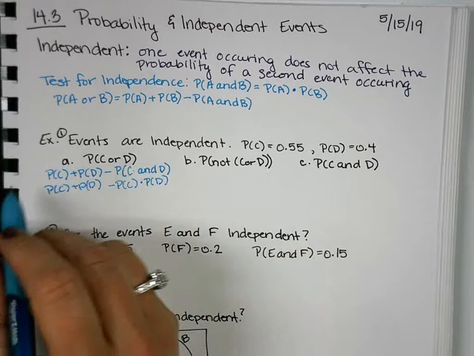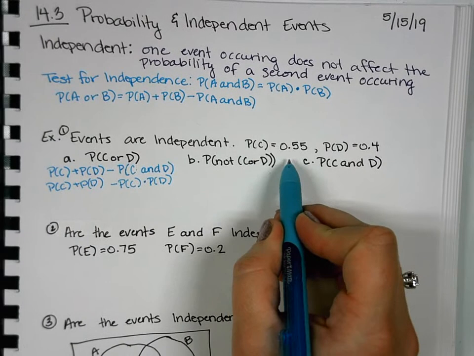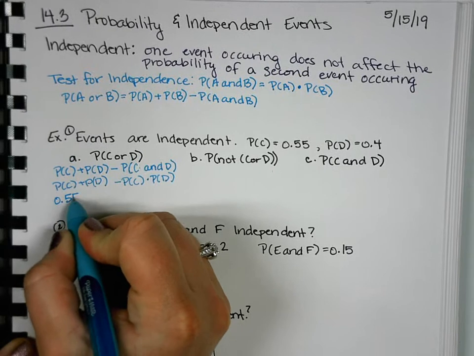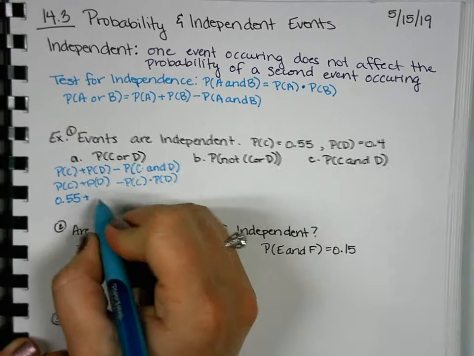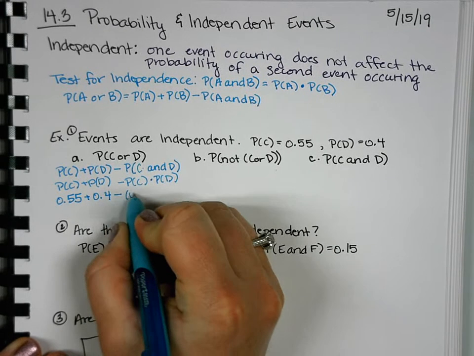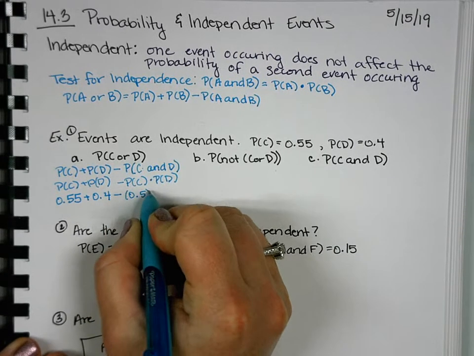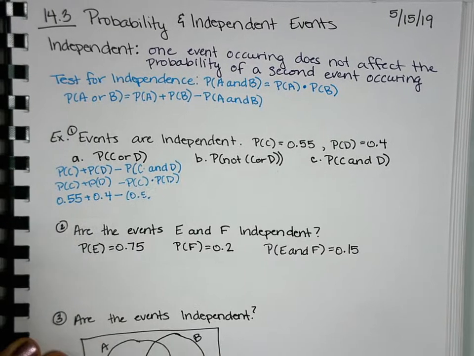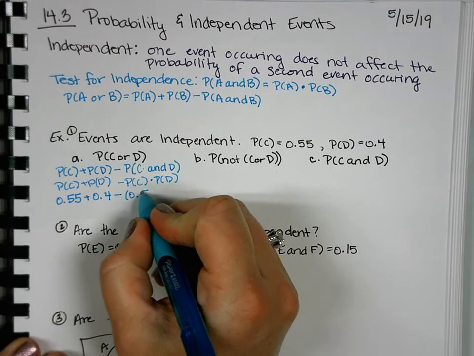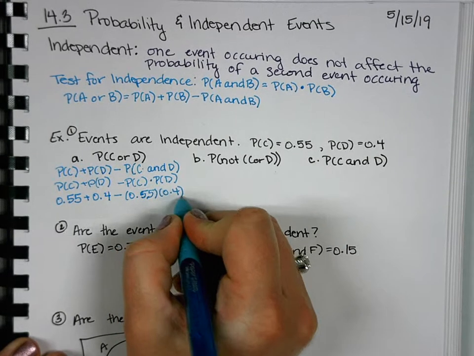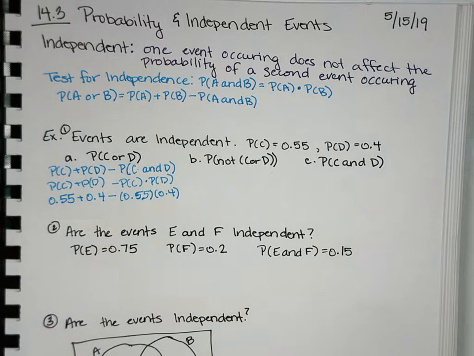So when we start plugging things in, we'll have 0.55 for our probability of C, plus the probability of D, 0.4, minus 0.55 times 0.4. And then you type this into your calculator.